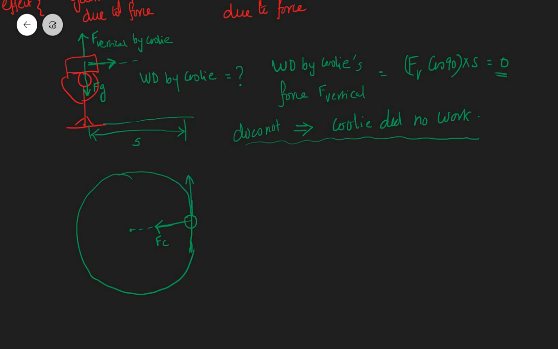So if you think about a very small displacement in the arc, this delta S, and this force, the centripetal force, is always perpendicular. So work done by the centripetal force is Fc cos 90 into delta S. Now this delta S is very small, right? So that's again equal to 0.